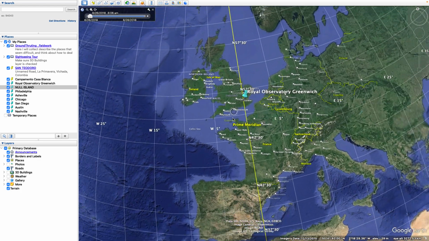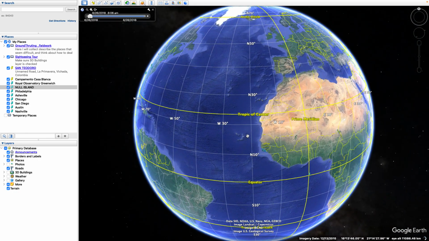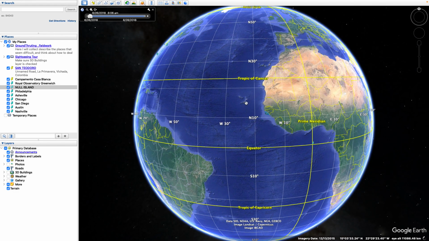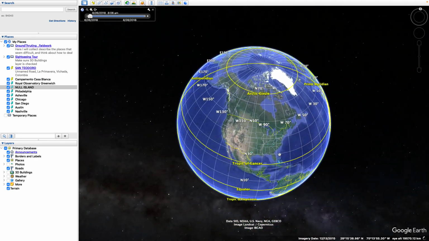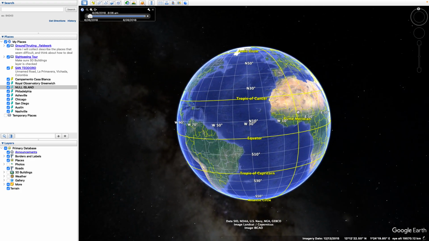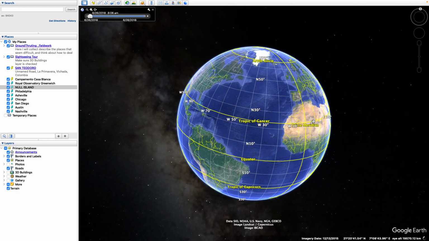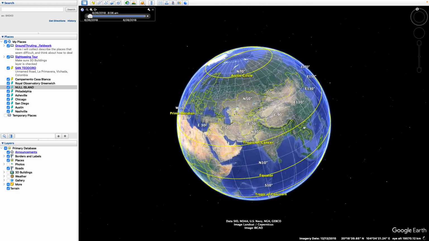So these lines divide the planet into hemispheres. Hemi, of course, is from semi, from half, and sphere is from sphere. So we have two hemispheres, the northern and the southern, and we have a western hemisphere, which is everything that is west from the prime meridian, and an eastern hemisphere that is everything to the east of this meridian.